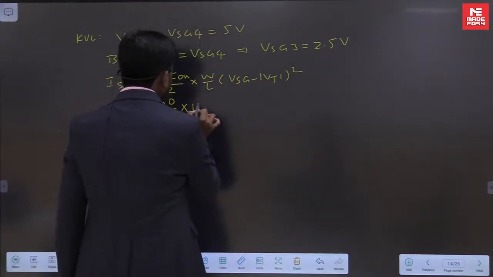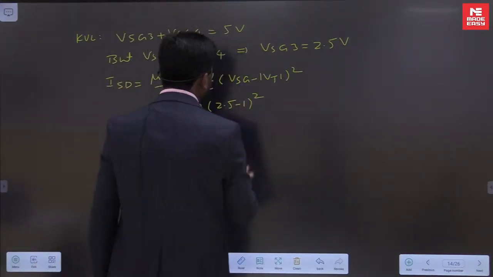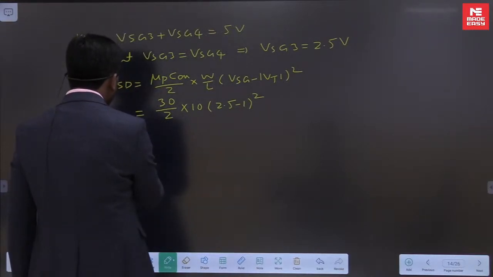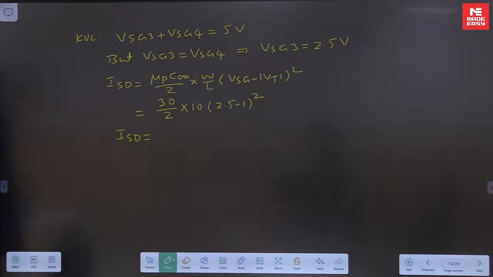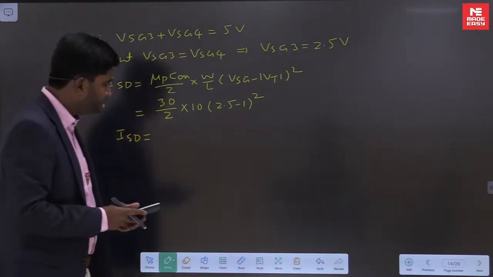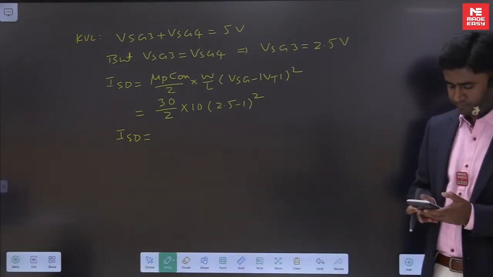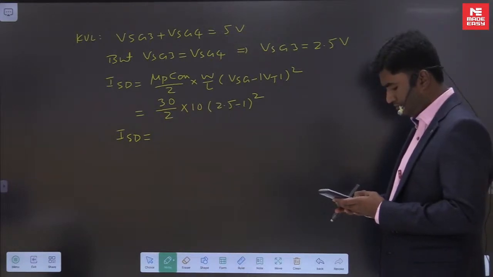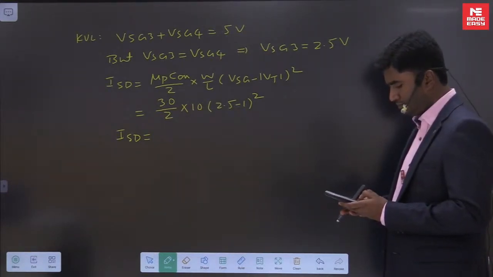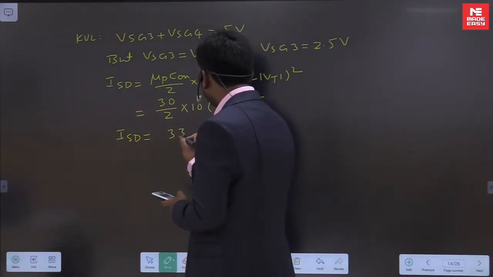W by L is 10 into (2.5 minus 1) whole square. So find the value of the current from here. How much is the current? Let us calculate the current here. I'm getting a current value of 337.5 microampere.